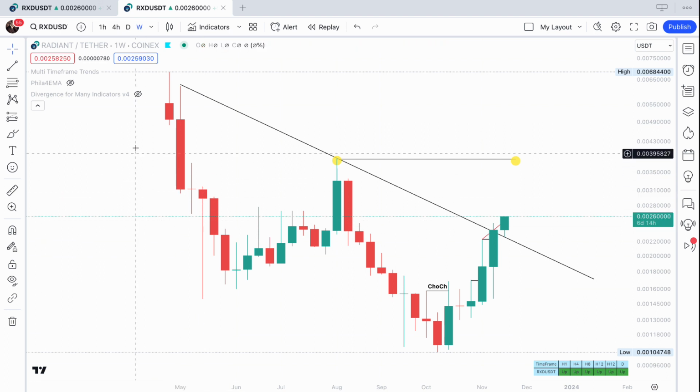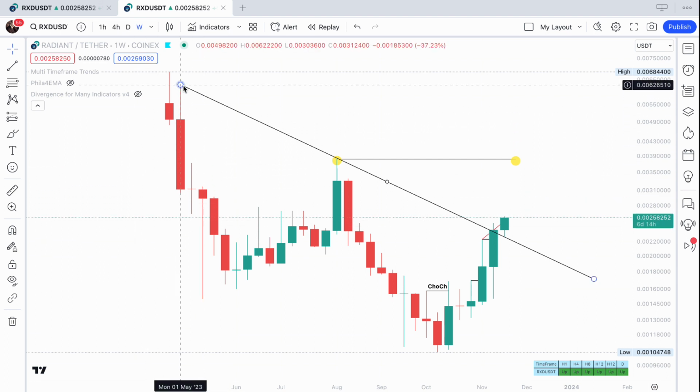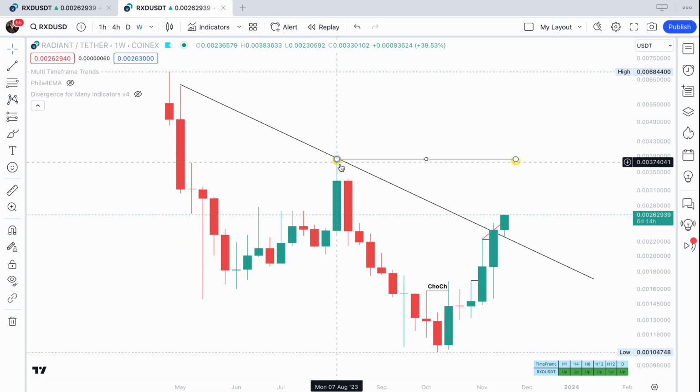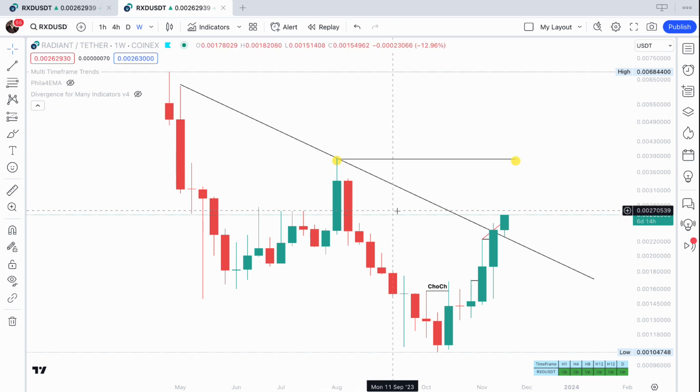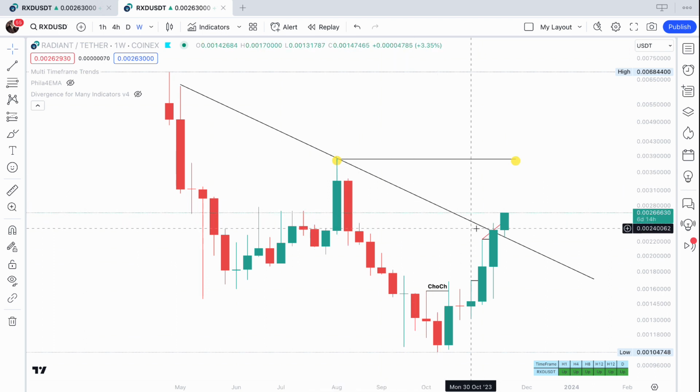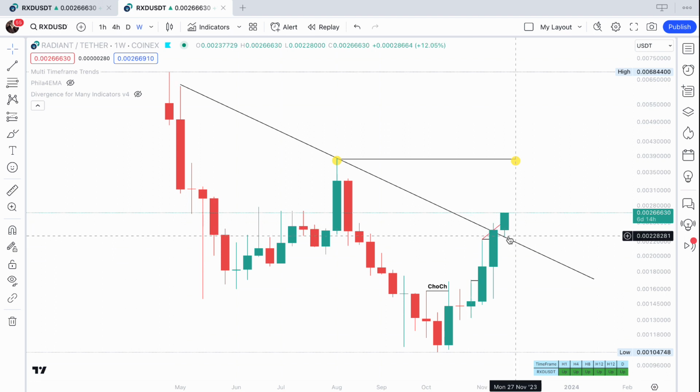Because I am looking for winners. I'm not looking at coins that are in a downtrend usually. I'm certainly not looking for coins that are in a range also usually. I want to see coins that are in an uptrend, okay?